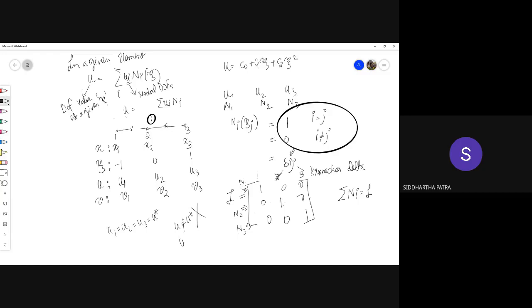You should be u star everywhere, which means at an arbitrary location, because u1, u2, and u3 all are u star, this quantity is u star times sigma ni. And if you need u to be u star everywhere, that means everywhere this sum must be equal to 1. So that provision must be there.